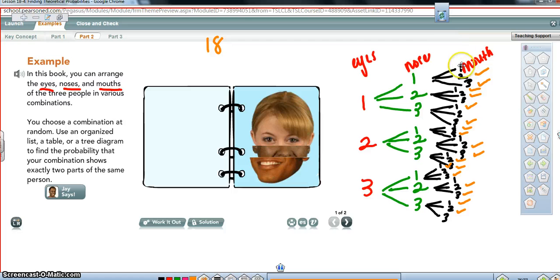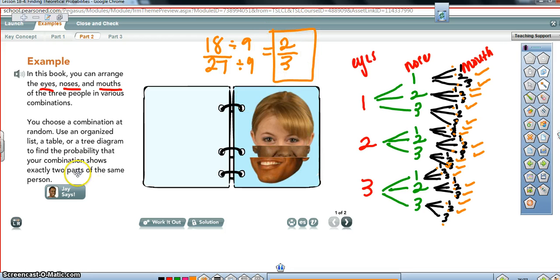Out of, if we count these up, 27 total different faces that you can make. You can reduce, well, by 9 even, and it's a 2/3 chance or 2/3 probability that you get exactly 2 parts of the same person.